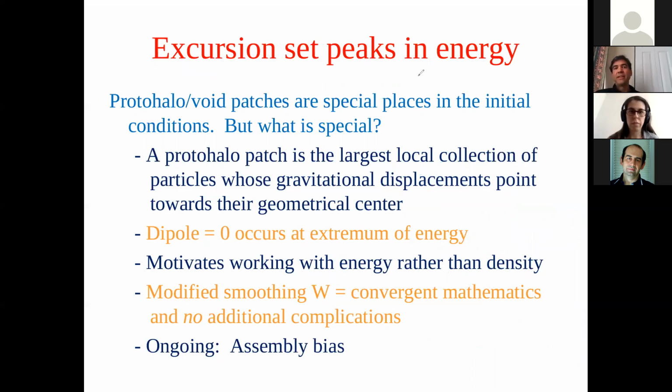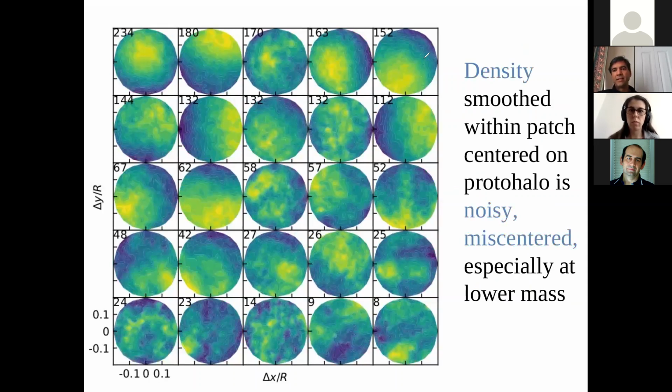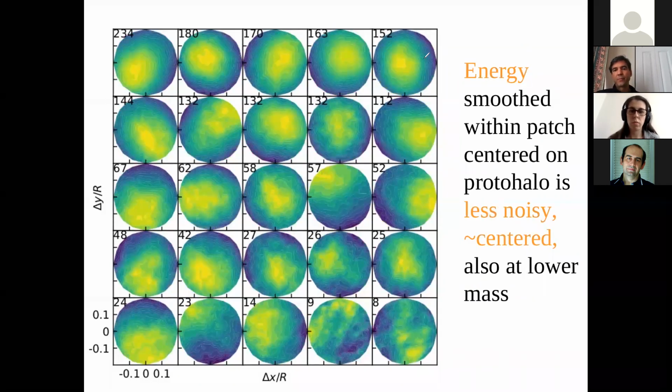And the main difference between what Bond did in 88, he was working with excursion set peaks in density, and we're just doing it with energy because it looked like energy was better than density. Right. Thank you. So I don't know if I have time or if I keep it for the last, if there are other questions, I ask that.